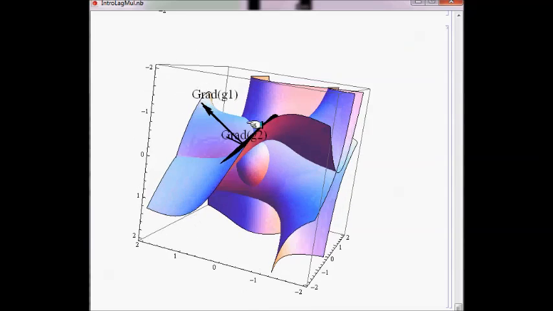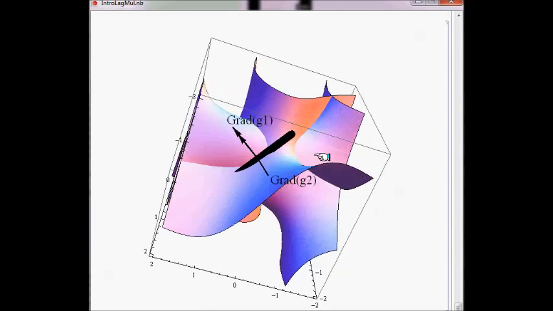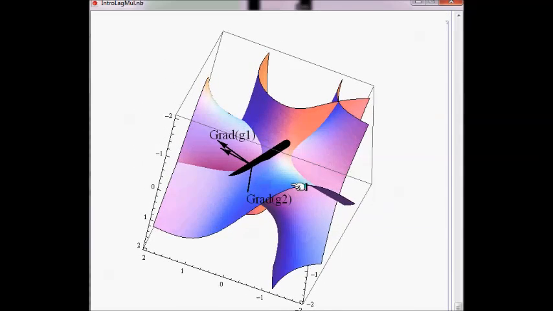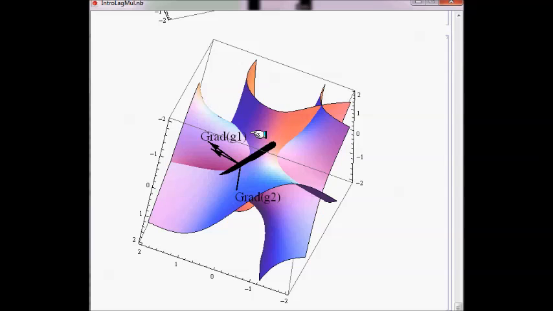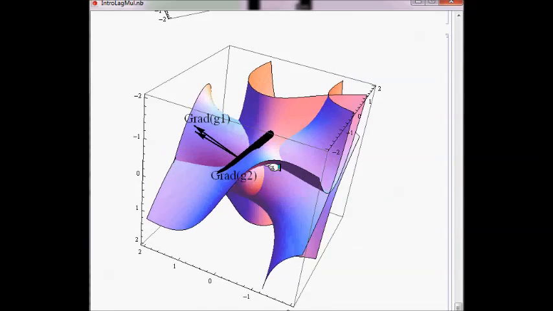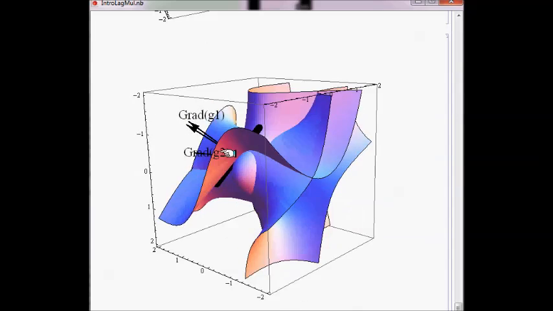As you can see, all three vectors are in the same plane. So there are two Lagrange multipliers, lambda multiplied here, mu multiplied there. So lambda G1 plus mu G2 will be the gradient of the function f to optimize. All right, looks cool. Thank you.